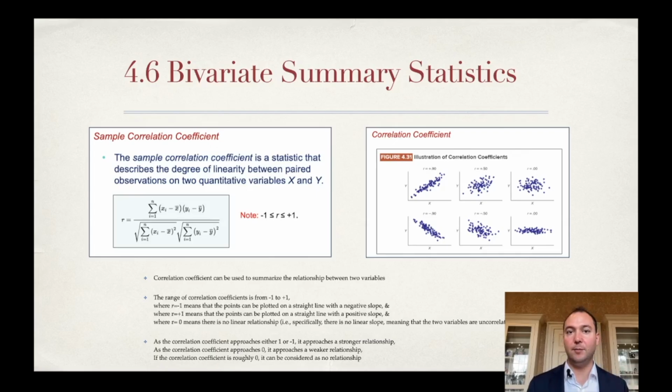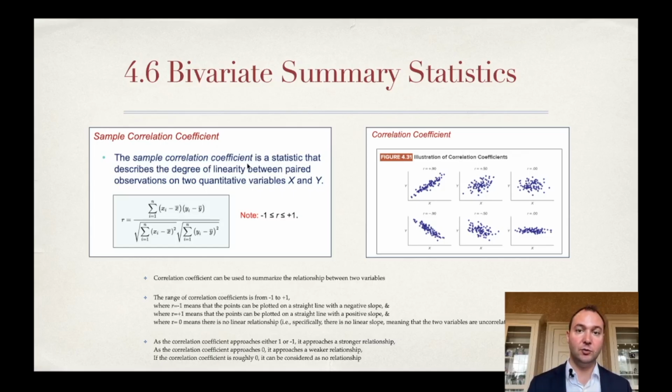What does univariate mean? Uni means one, variate means variable, so one variable. However, if we have two variables and we want to describe the relationship, we have one more summary statistic that we can use to describe a bivariate analysis, which is the sample correlation coefficient.